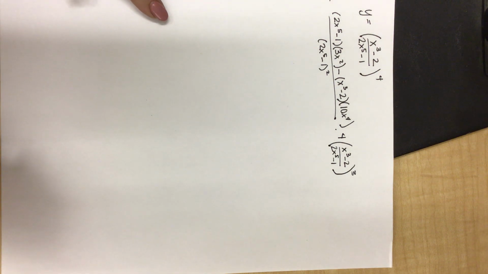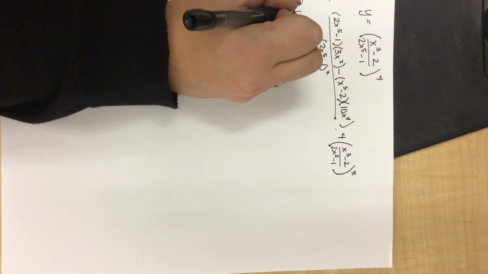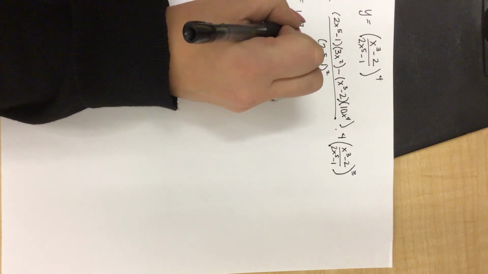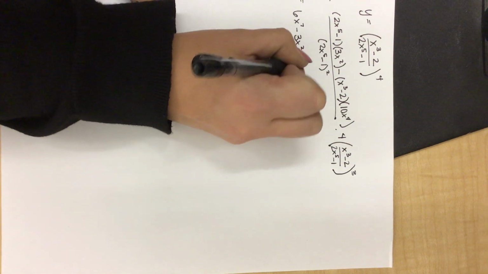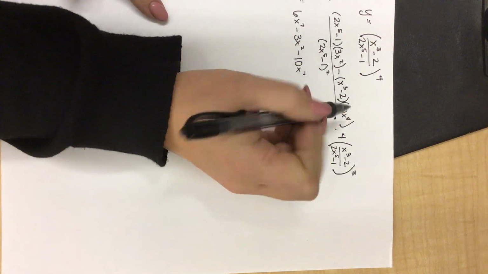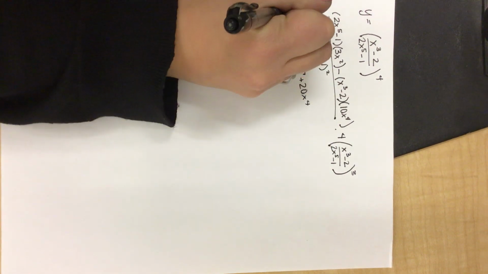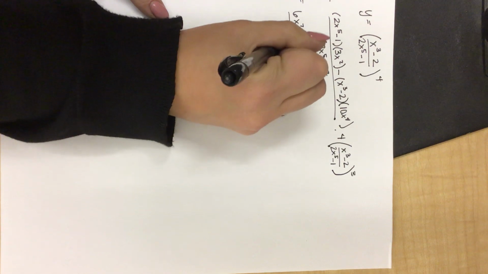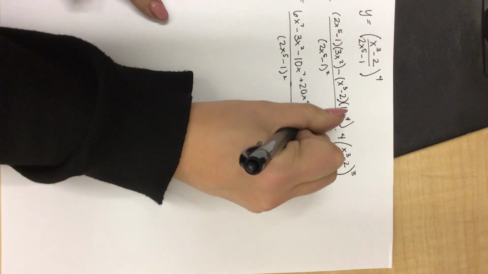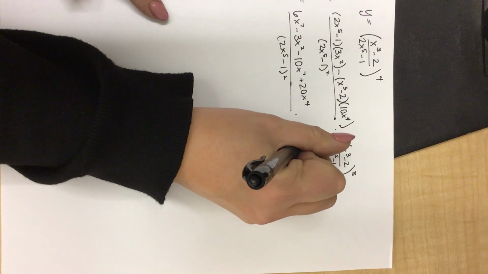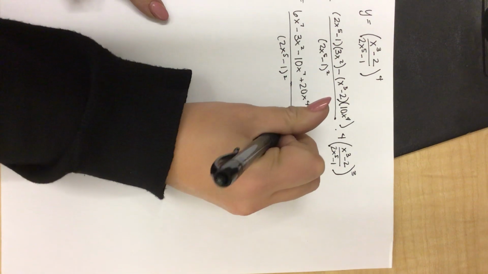All right. Then we can go ahead and clean up. So that's 6x to the 7 minus 3x squared minus 10x to the 7. There we go. Things are happening. Plus 20x to the 4th. Cubed.